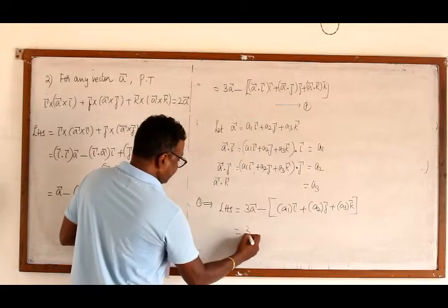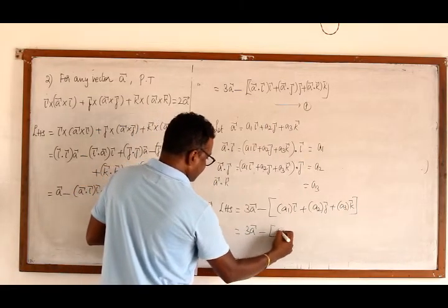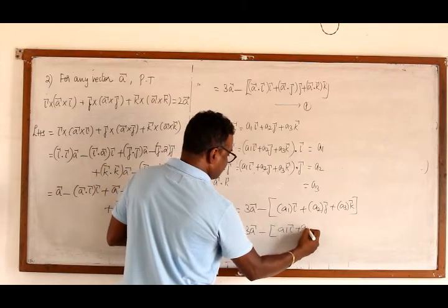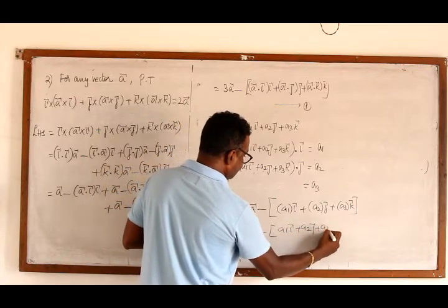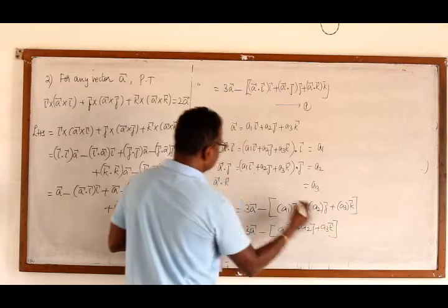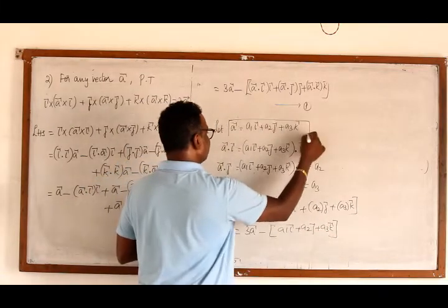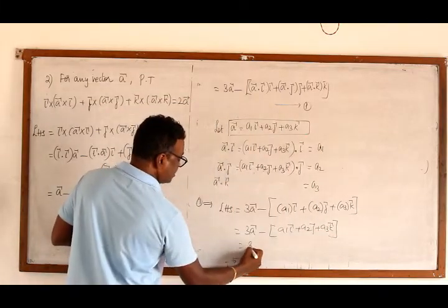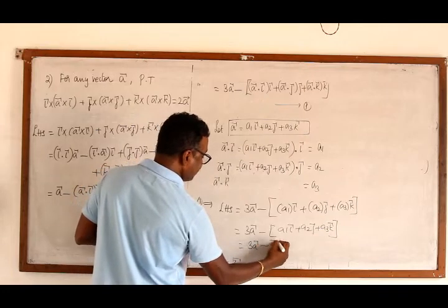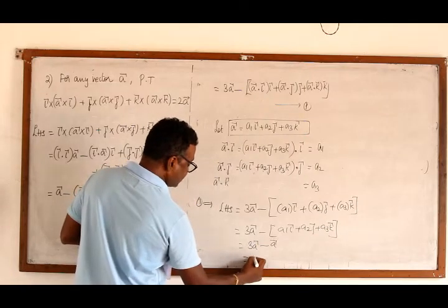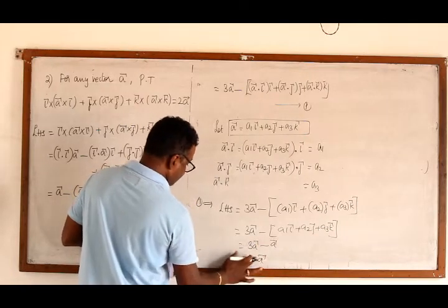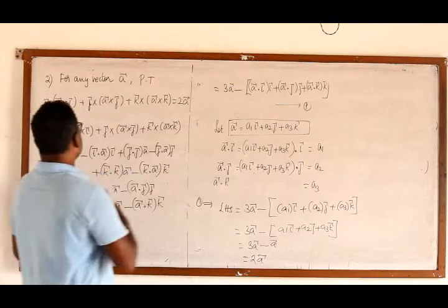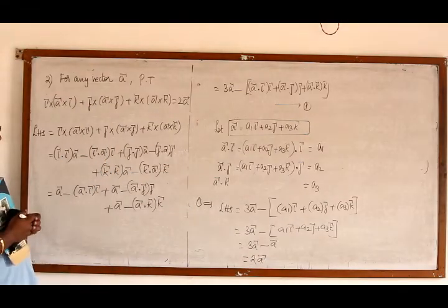Hope you are understanding. So this is 3A vector minus, and I write this as A1 i plus A2 j plus A3 k. This is nothing but A vector, isn't it? So it is 3A vector minus A vector. Therefore the answer is 2A vector. So with that, the second problem is over.